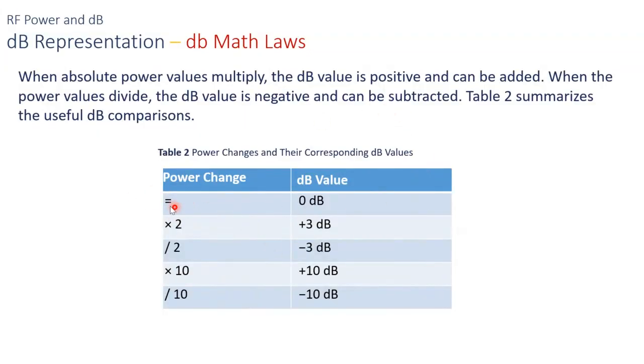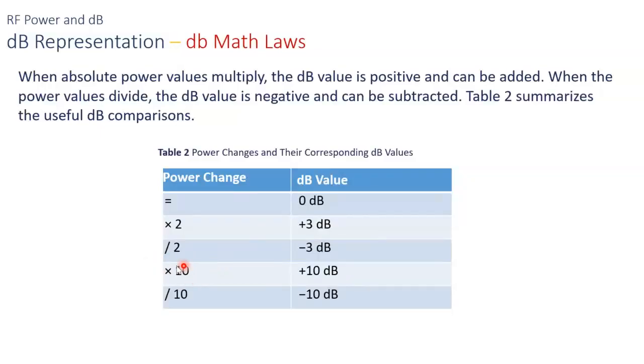When the powers are equal, P1 equals P2, the value in dB is 0. When power 2 equals 2 P1, if the power is doubled, the value in dB is plus 3 dB. If the power is divided by 2, the value in dB is minus 3 dB.